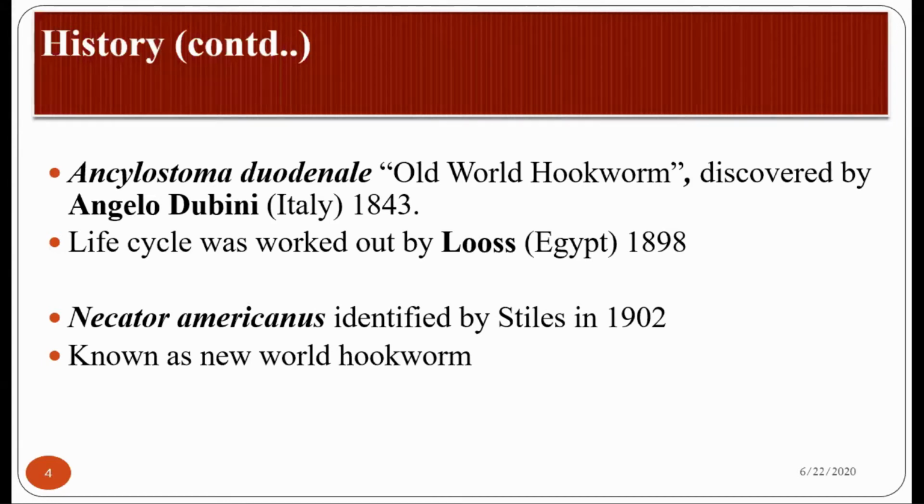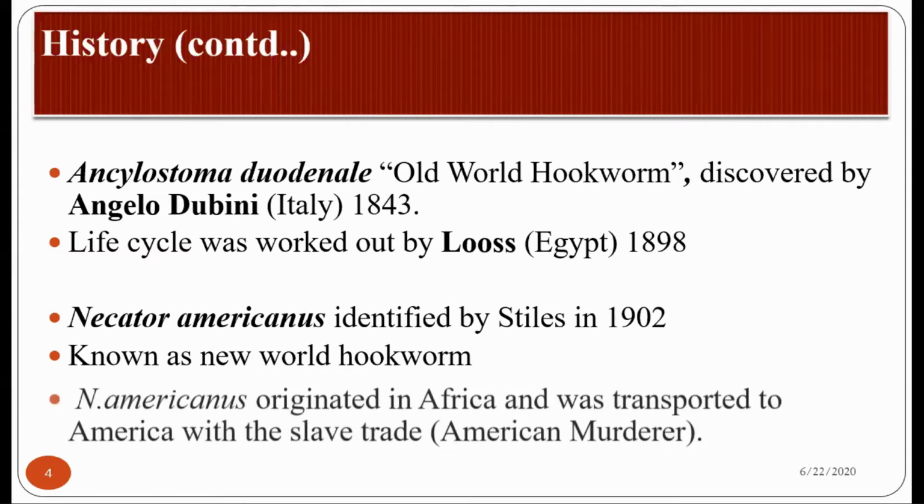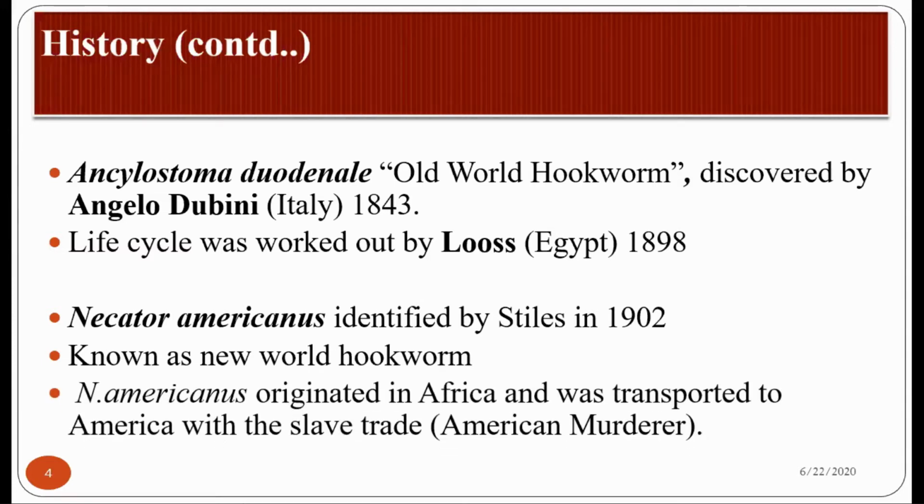That's why this New World hookworm, Necator americanus, is also called the American murderer. Its main origin is from Africa, and due to transportation of these African slaves to the US, it resulted in the death of most of the American people.